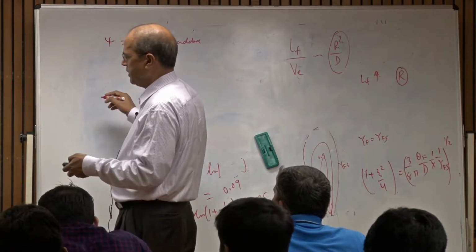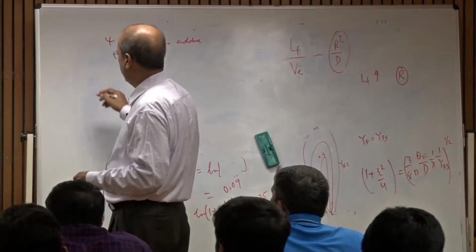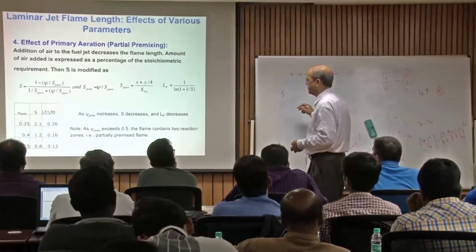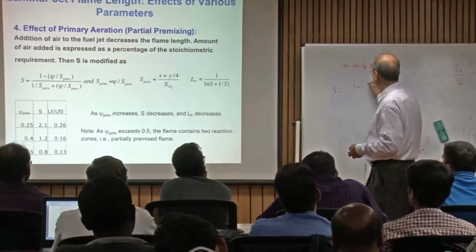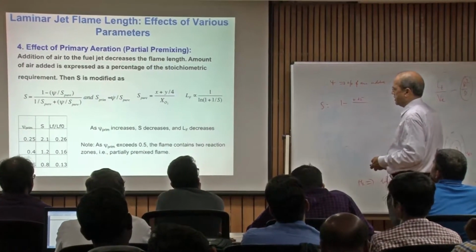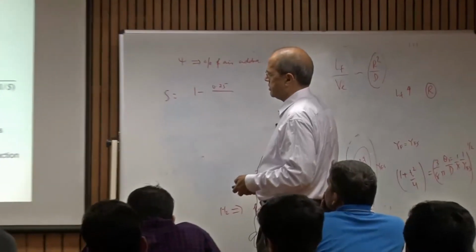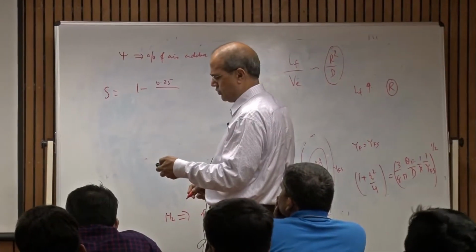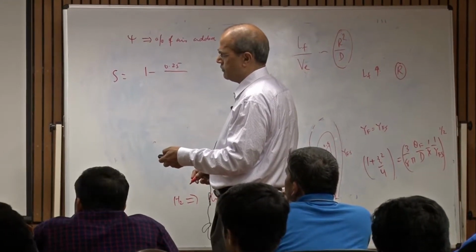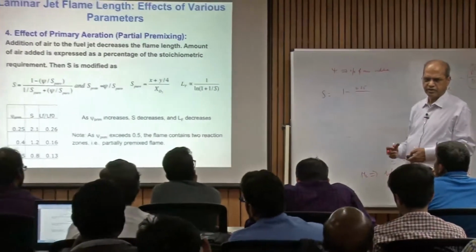So, for example, in this table here I have given 0.25. So, if I use phi equal to 0.25, this will be 0.25. If you take the ratio here, LF0 is the flame length without adding air to the fuel jet.